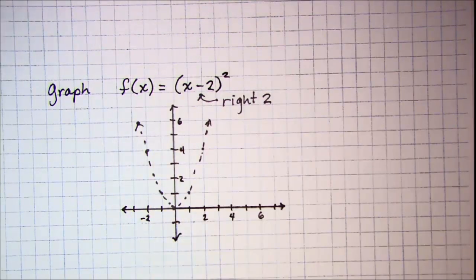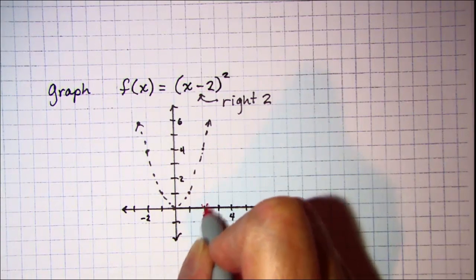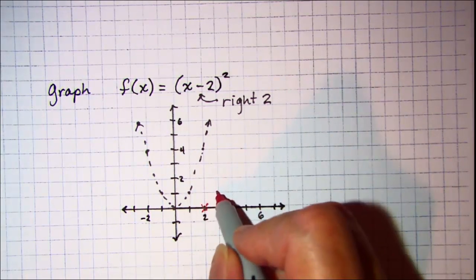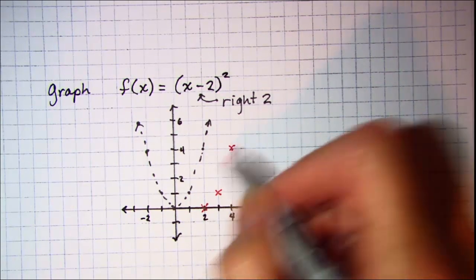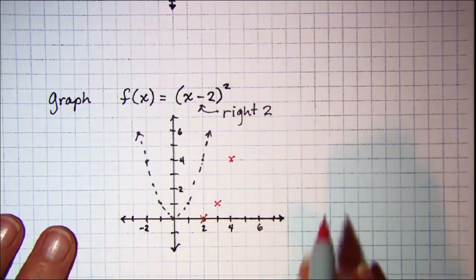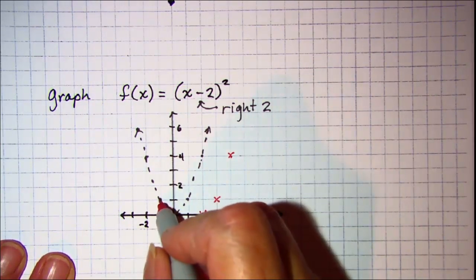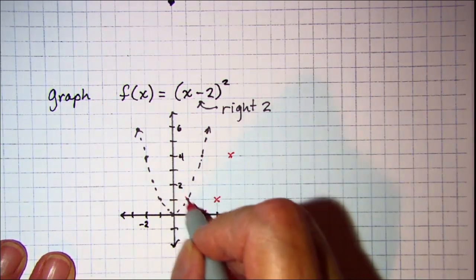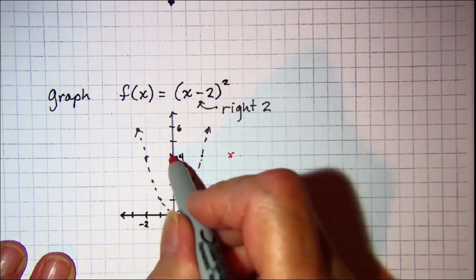And then I'm going to add 2 to every x value, so my vertex comes over here. This point is here. This point is here. And then negative 1, 1 is going to be here. And negative 2, 4 is going to translate to here.